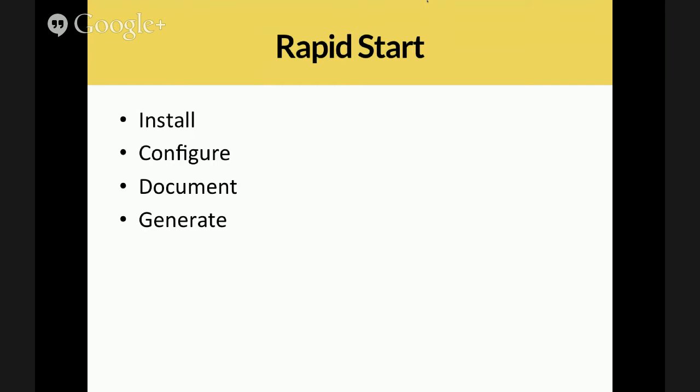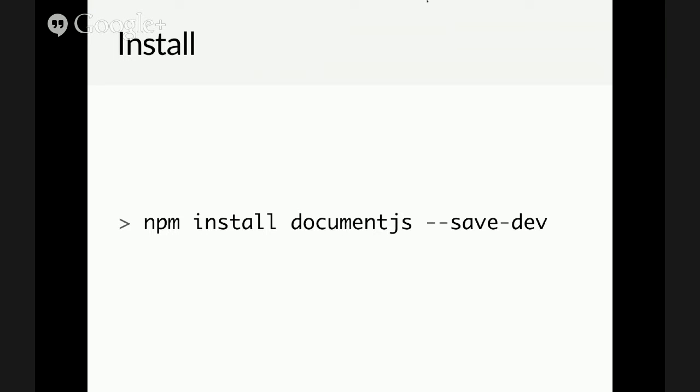So let's talk about how you would use it to get just a very basic thing working: to install, configure, document, and generate the documentation. To install DocumentJS, just use npm install and make sure you save this in your package.json.